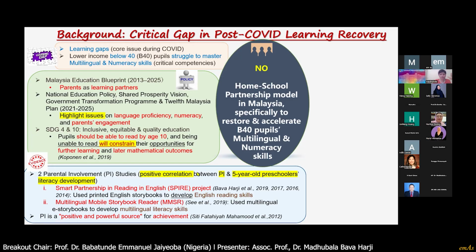We found positive correlations between parental involvement and 5-year-old preschoolers' literacy skills. And as Siti and her team has highlighted, parental involvement is a positive and powerful source for achievement. Yet, in Malaysia, there is no homeschool model to restore and accelerate B40 pupils' literacy skills.